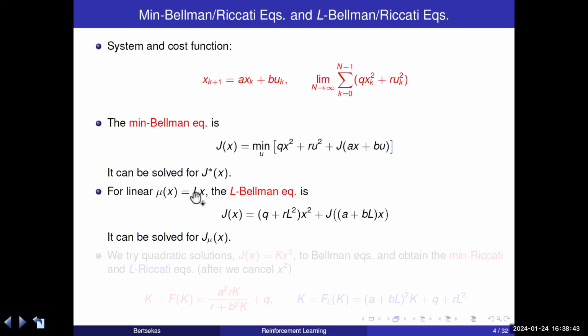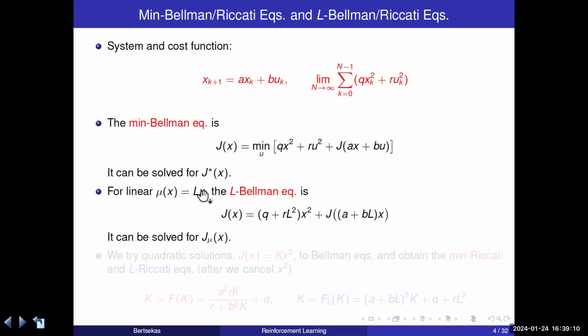So if I fix L, I get a linear policy from this equation. So the control applied according to this policy is proportional to the state, with constant proportionality being L. So for this kind of policies, there is a Bellman equation that gives as a solution the cost function of the policy. And it's easy to understand.